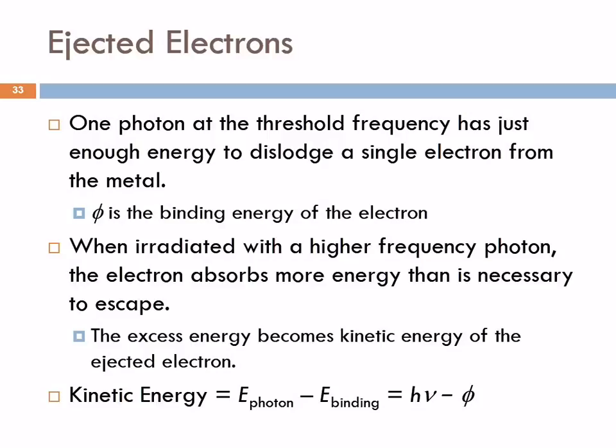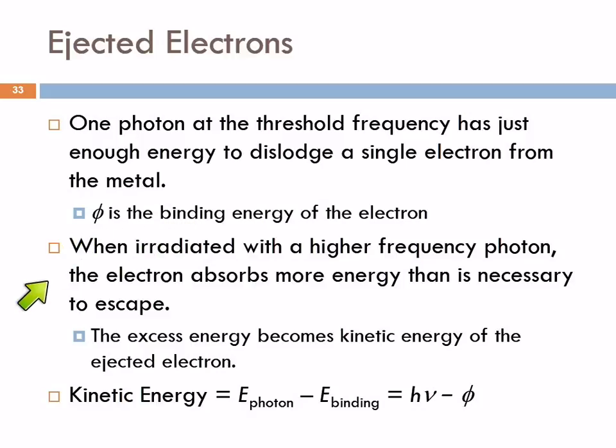Why don't the electrons just fly off all by themselves? Because they're stuck. They have a binding energy. Is this phi, the Greek letter phi? That Greek letter is used to represent the binding energy of electrons.